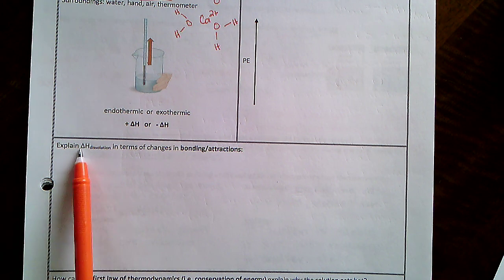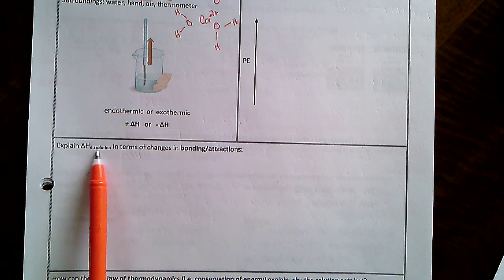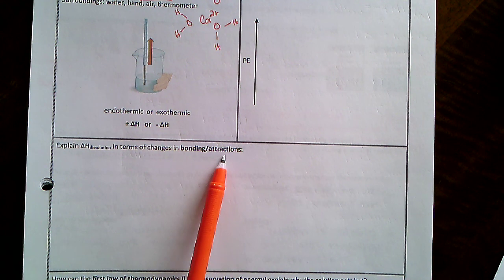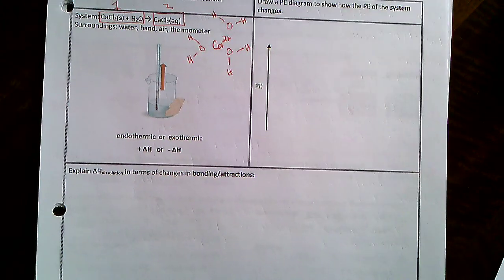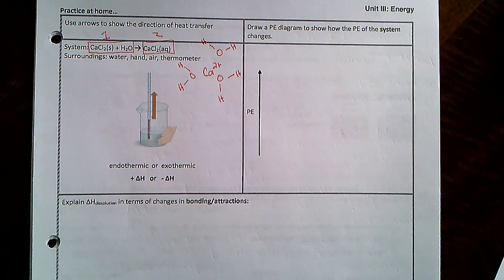How would you explain the sign of the delta H in terms of bonding and attractions? Write yourself an explanation. And then how can the first law of thermodynamics explain why the solution gets hot? Please pause the video, try this. This is like an exam type question.